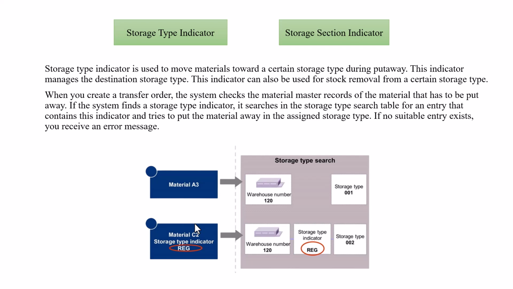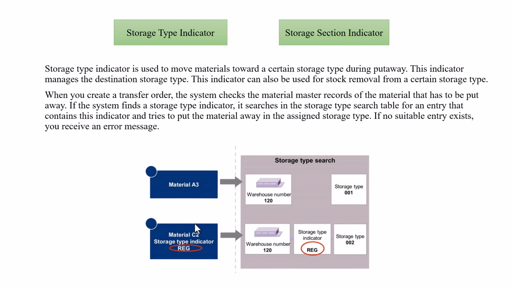The storage type indicator is used to move materials towards a certain storage type. Like, every time a material comes into our warehouse and we want to move it to a certain storage type, in that case we can use the storage type indicator. The same thing we can do if we want to pick the material from a certain storage type. In that case we can use this indicator.